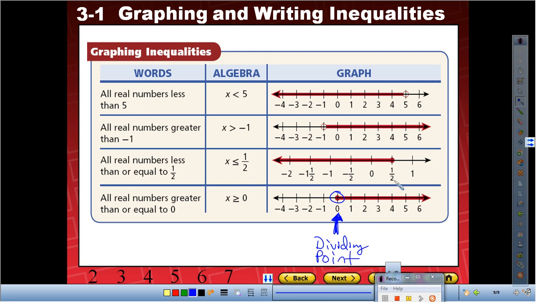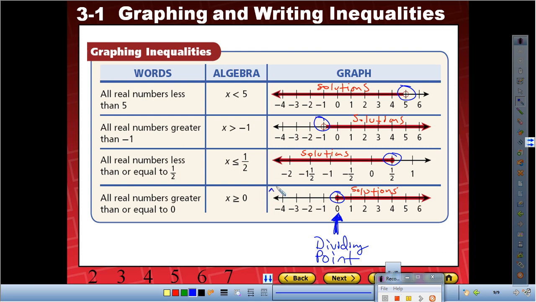Why is it called the dividing point? This one's a dividing point, this one's a dividing point, this one's a dividing point, this one's a dividing point. Because it divides the number line into two sections. It divides it into, let me do that in red, solutions. And the other part that it divides into is this blank space over here.